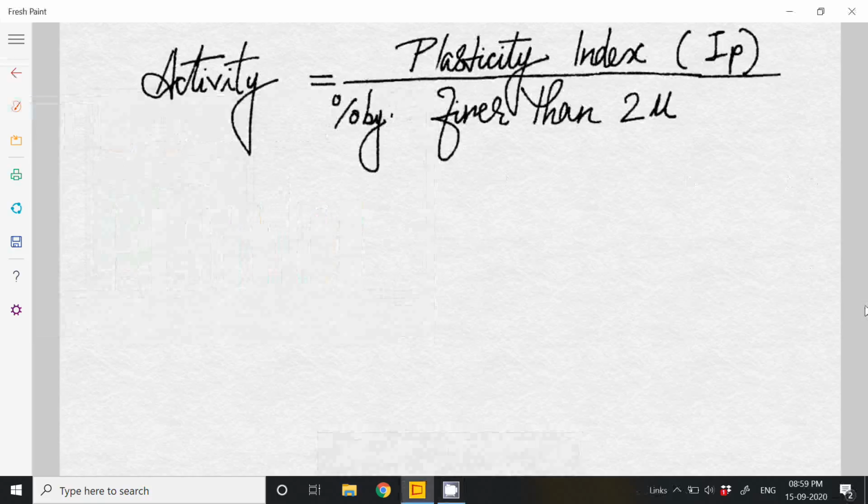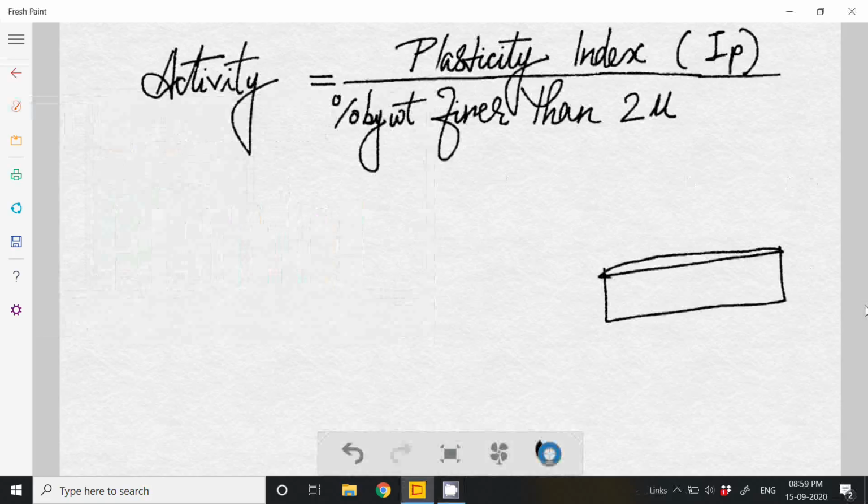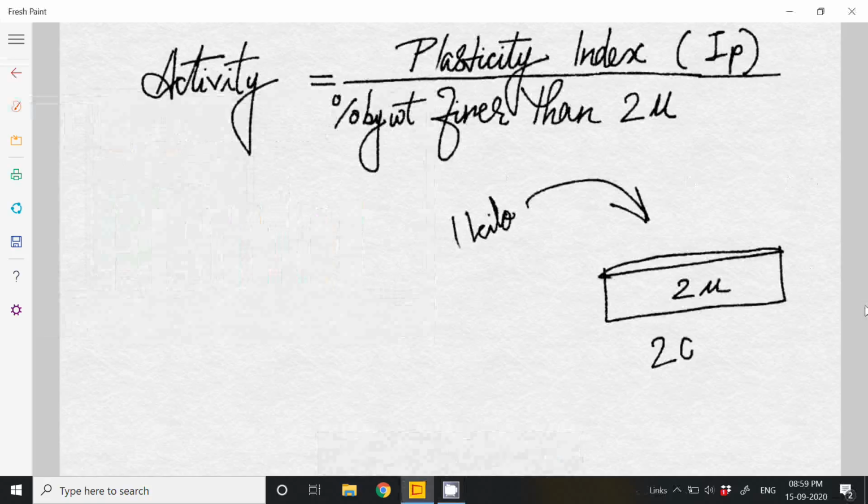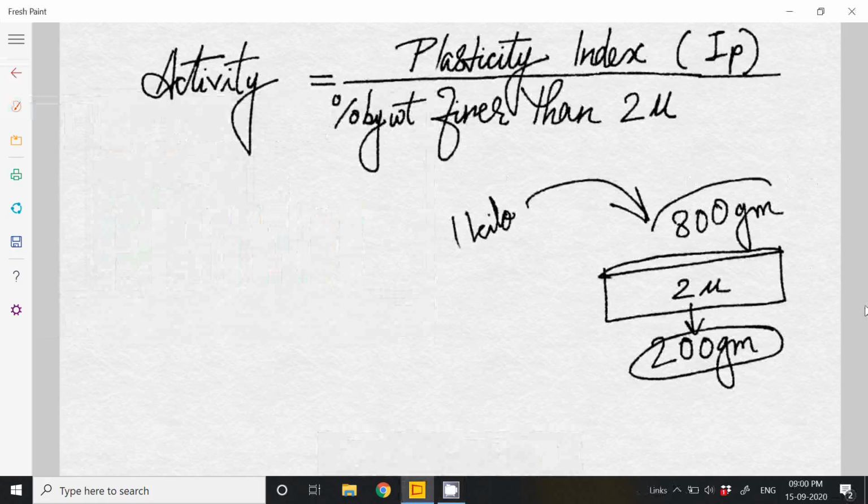Percentage by weight finer than 2 micron. That means if there is a sieve, and the sieve size is 2 micron, and suppose you are using 1 kilo of sample and placing it here, and suppose 200 gram passes through the 2 micron sieve and 800 gram gets retained.